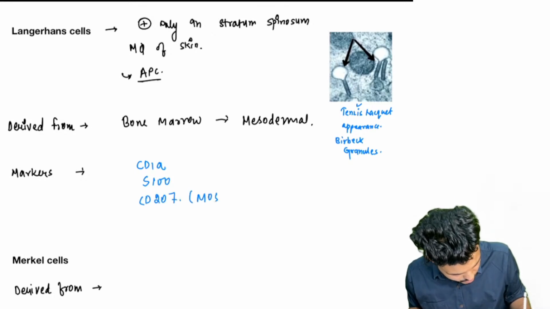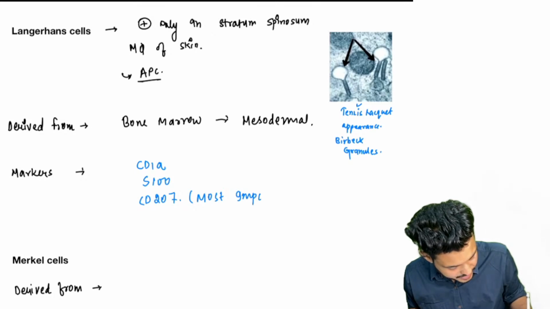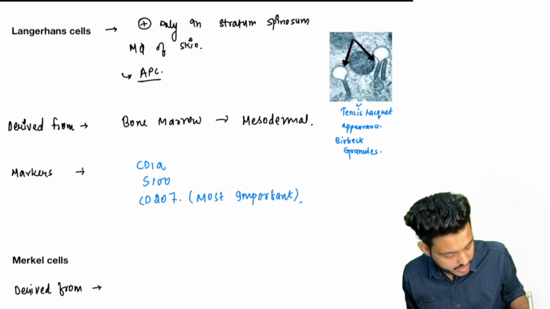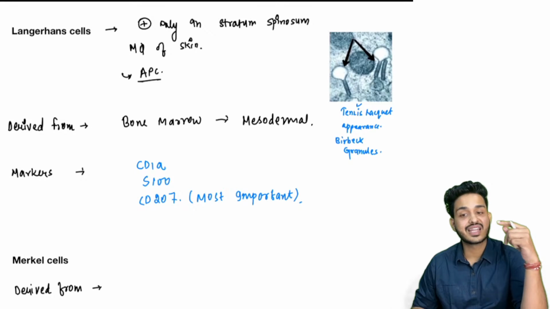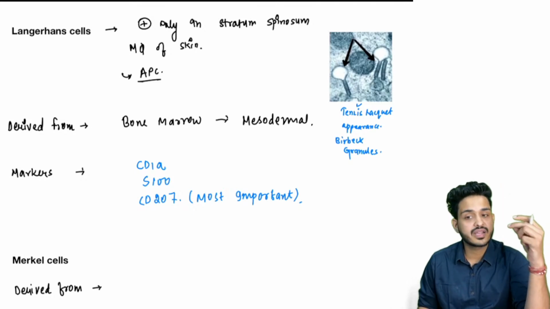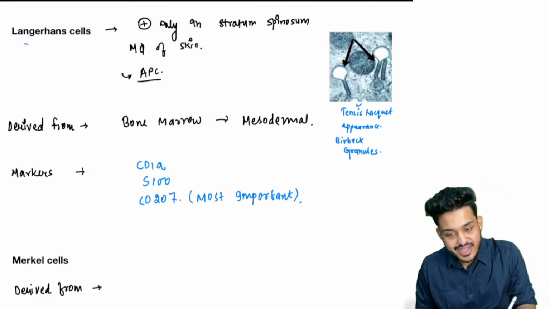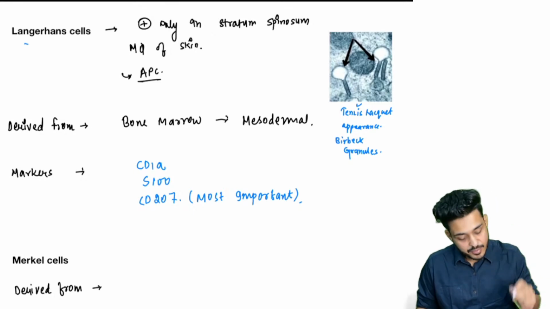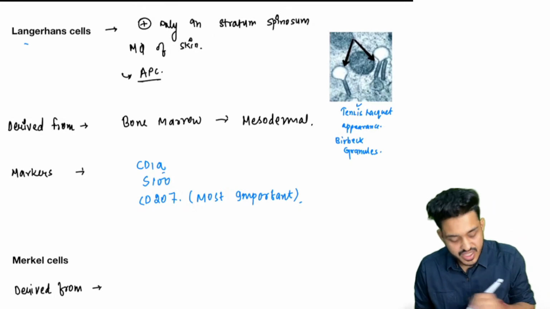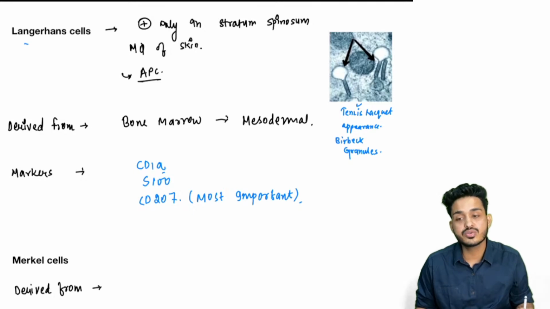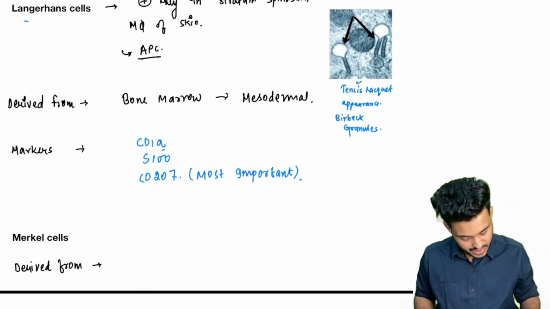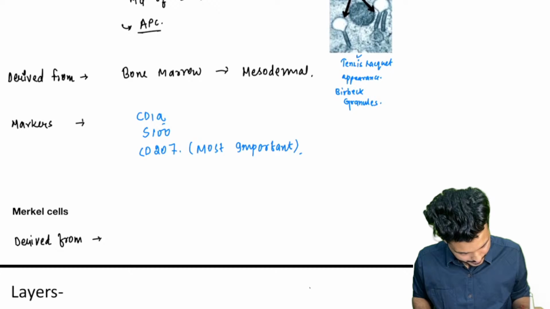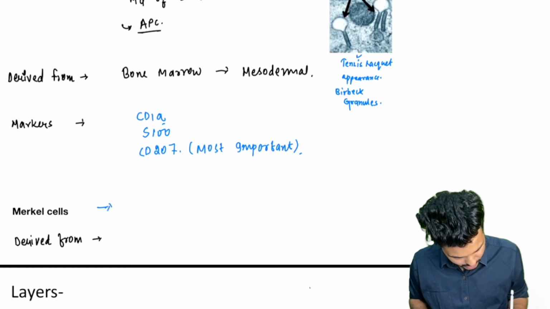This one is most important. These are all the markers. Two things we need to remember. First, tennis racket appearance and Birbeck granules are seen in Langerhans cell histiocytosis. Second important thing would be CD1A, S100 and CD207. CD207 is very important.